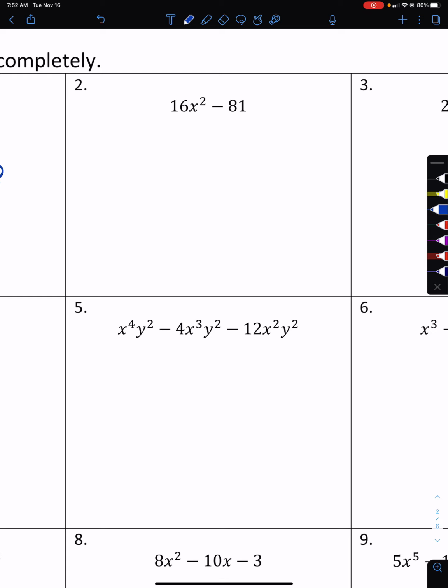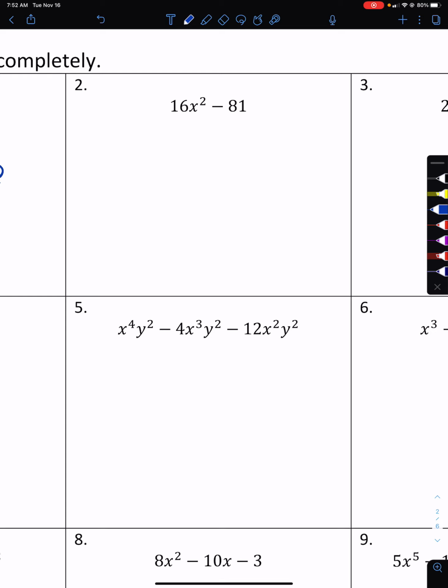Well, 81, can it be divided by 16? No, we cannot. But can 81, because I'm looking at 16, 16 can be divided by 8, 81 can't be divided by 8, 16 can be divided by 4, so can 81 be divided by 4? Nope, it cannot.